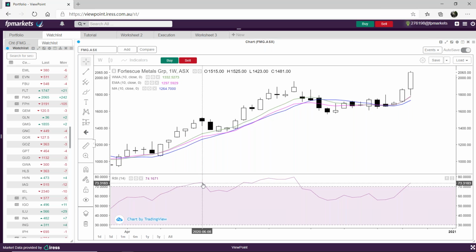The relative strength moved over 70 at the time. Market retraced and the relative strength moved under 70. Market made a new high and relative strength made a new high. There's nothing to see here. This is really what you want to see unfold.